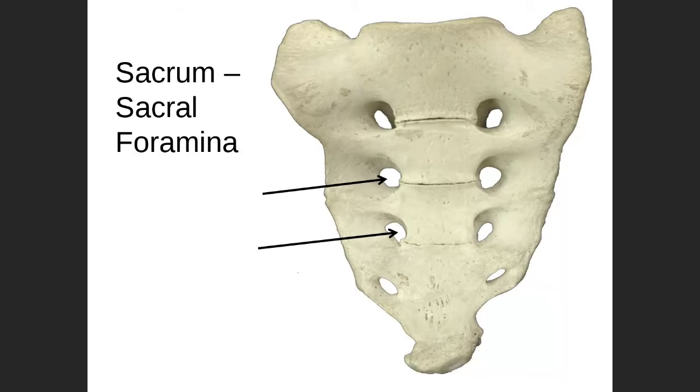I know on the other slide show when I was showing you the foramina here, you can write in there the anterior sacral foramina. Well, that's an anterior view, so don't put posterior sacral foramina, you'll get it wrong. But if you just put sacral foramina, that's usually good enough for me.